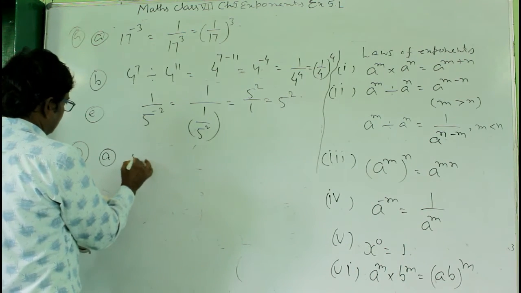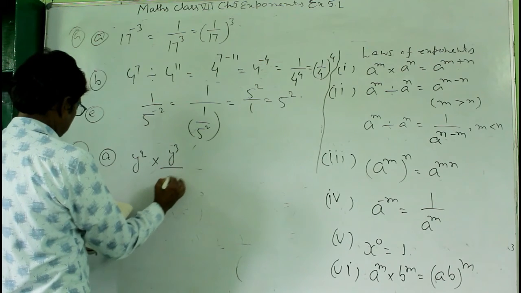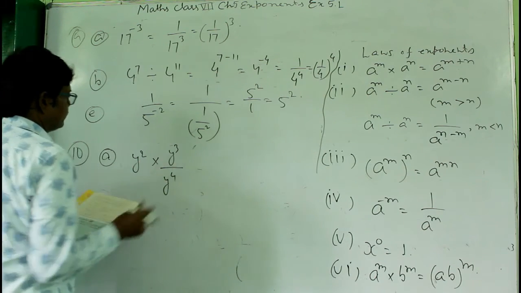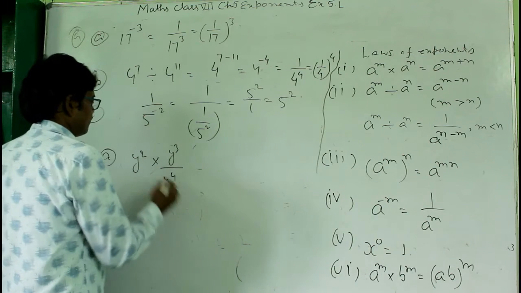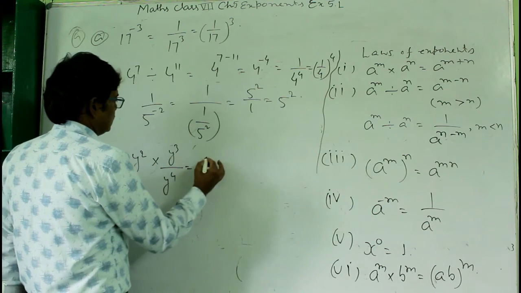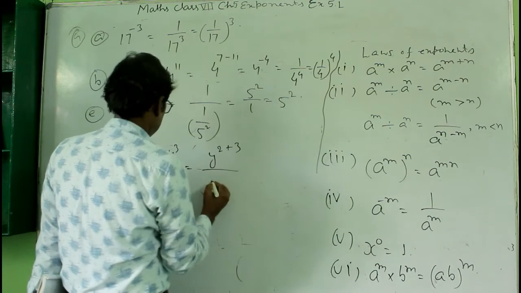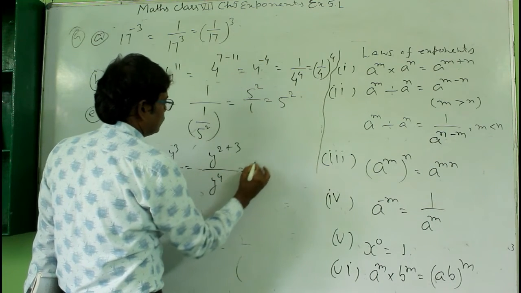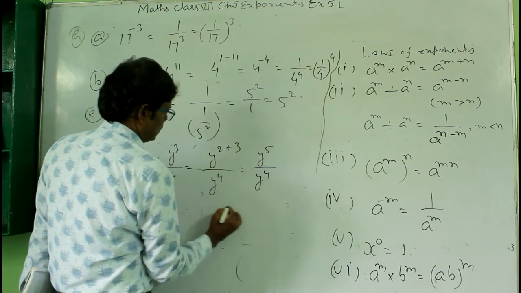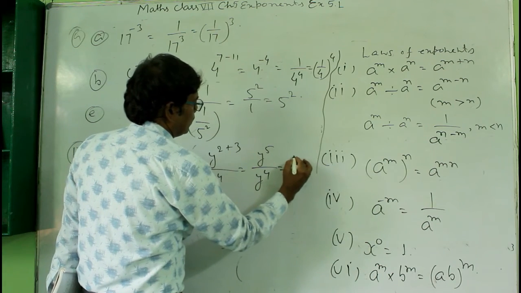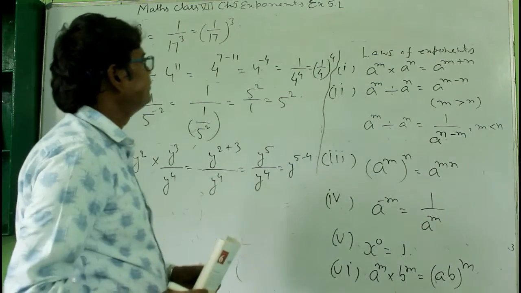So here y square into y to the power 3 by y to the power 4. First it is y to the power 2 plus 3, using the first formula, which equals y to the power 5 by y to the power 4.